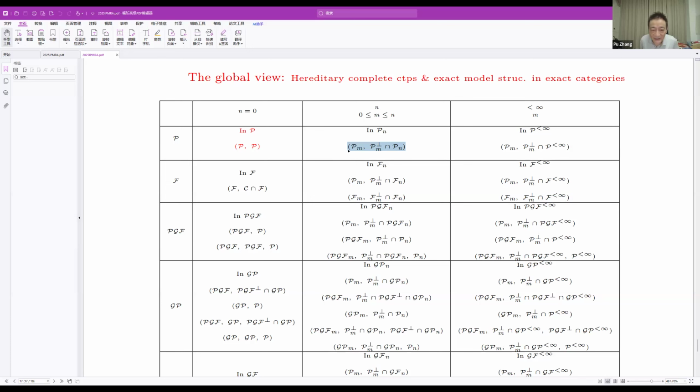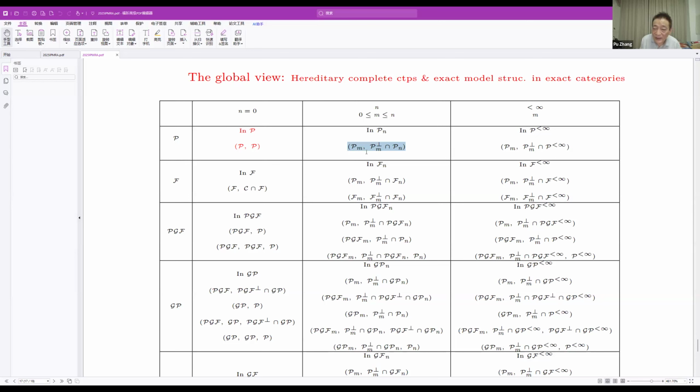But you can always get a trivial model structure. That is not interesting, because you take just the trivial objects to be all the modules, for example, all the category. So then the corresponding homotopy category is just 0.